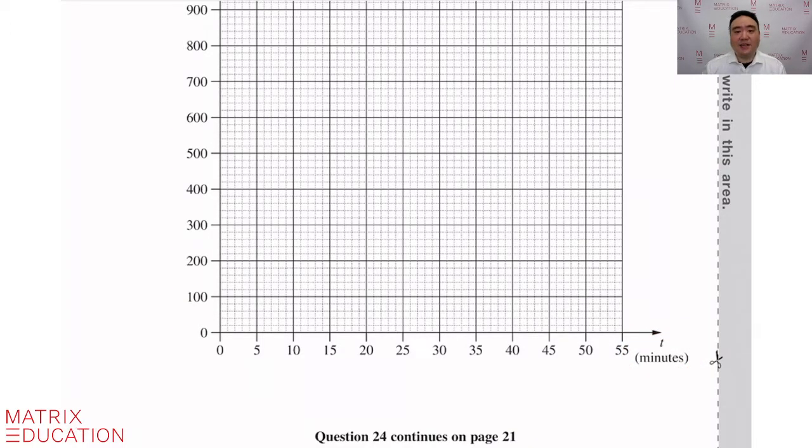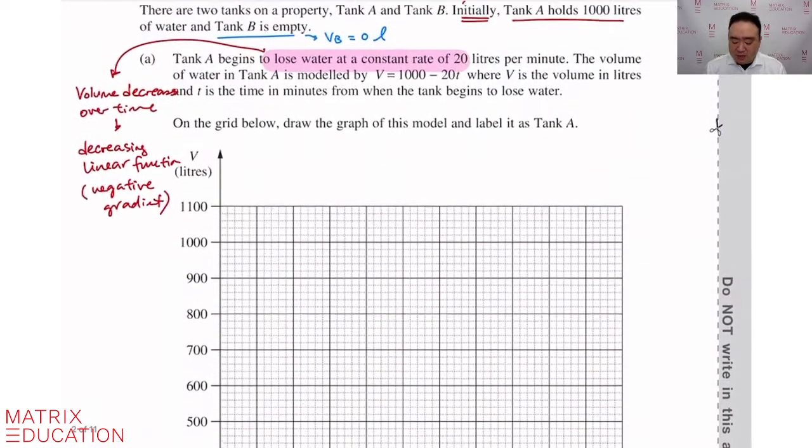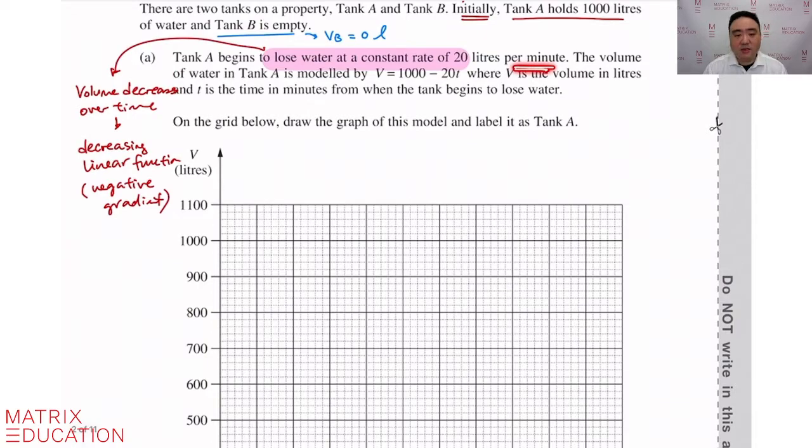When we investigate the definition of gradient, 1 unit change in x, we want to investigate how much y has changed. So when x increased by 1, how does y change? Does it increase or decrease by how much? In this case, that's pretty much the same thing. In 1 minute, which represents the x-axis here, how much volume has changed.